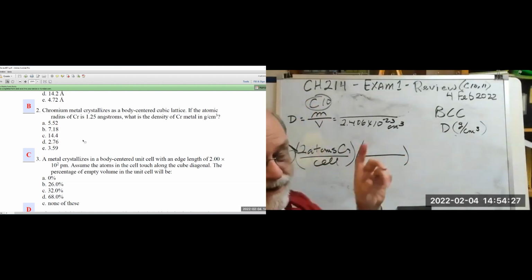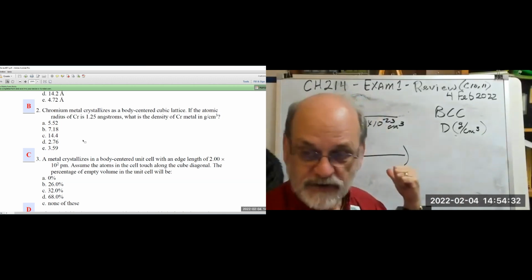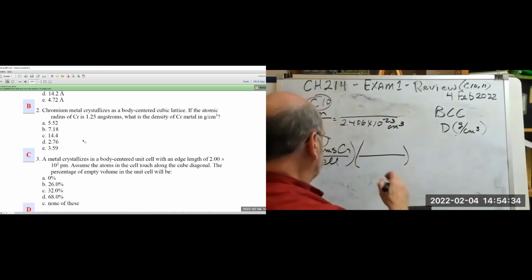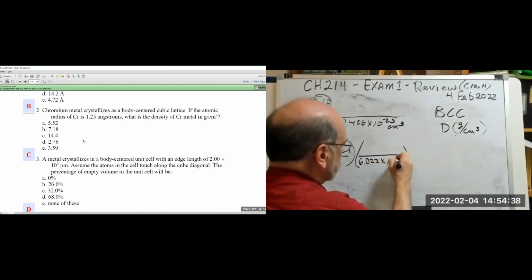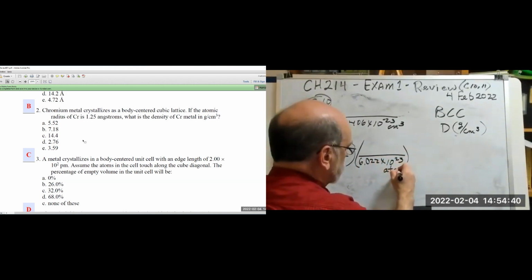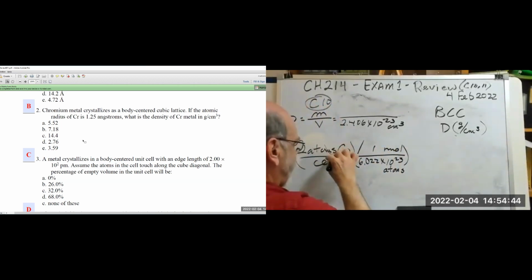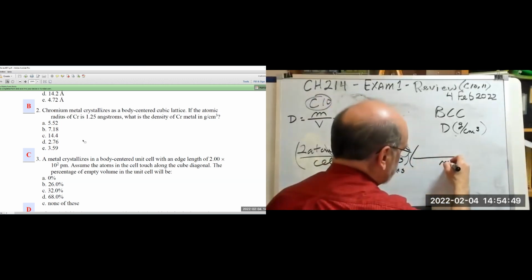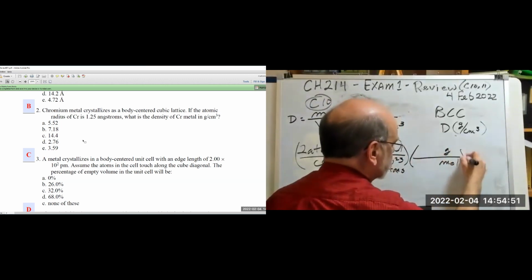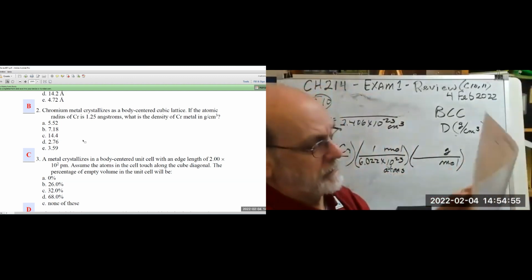Okay, what we need is molar mass. So how many moles does 2 atoms represent? 6.022 times 10 to the 23rd atoms per mole. Okay. Now we can get mass per mole. Chromium. Let's look up chromium here.